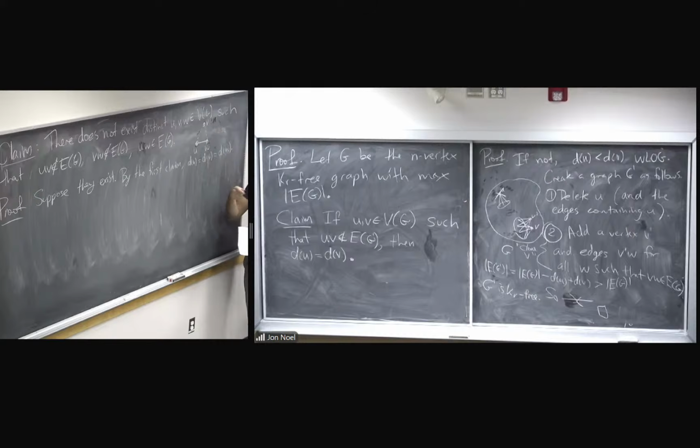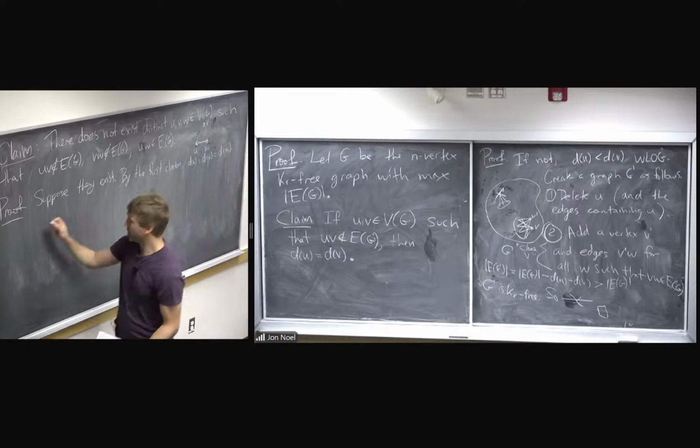So somehow deleting these two vertices decreases the degree by a sort of predictable amount, but neither of these deletions affects the degree of v, because v is not adjacent to them. So somehow I can delete these vertices, lose a small number of edges, and then I could clone v, and I get a big number of edges because v's degree hasn't changed.